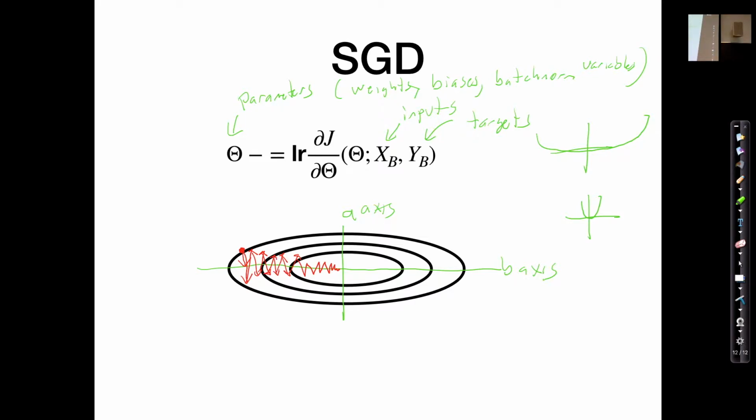But on the other axis, we're going to go up and down, up and down, up and down. Does that make sense? This is slow. We're exactly opposite of what we want. What we really want is, in the a-axis, we don't want to move very much, and in the b-axis, we'd like to move a lot. That would get us here quicker. So that's our goal, and we're going to look at how we can accomplish that.